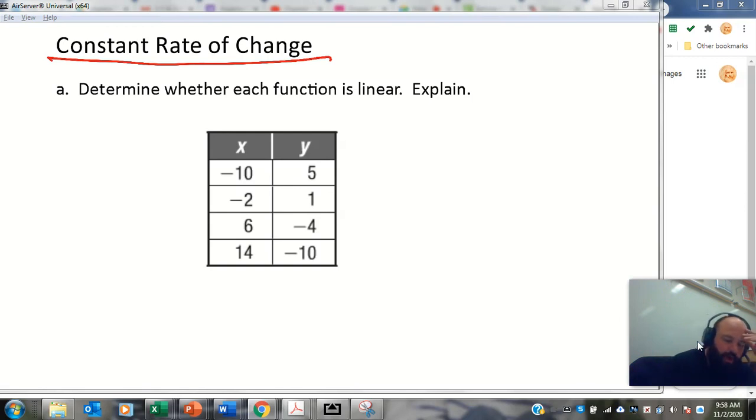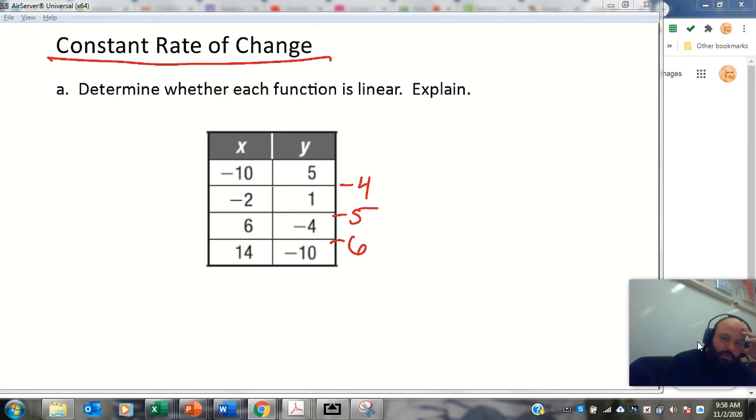So if you look at the y values here, they are decreasing by 4 for the first one. When you go from 5 to 1, that's subtracting 4. Now when I go from 1 to -4, that is subtracting by 5. And then the last one, when I go from -4 to -10, that is subtracting by 6.